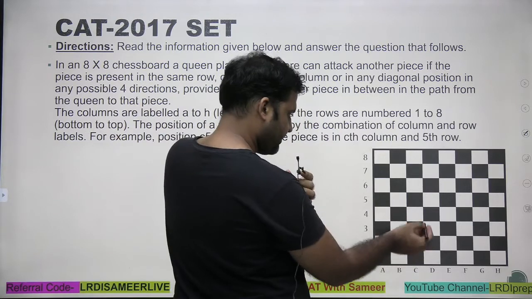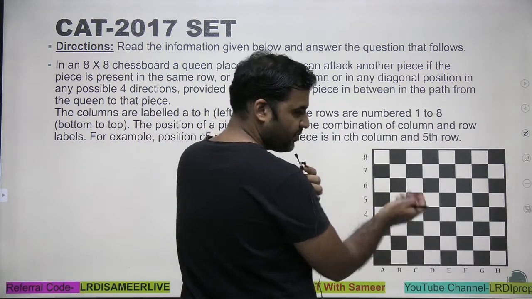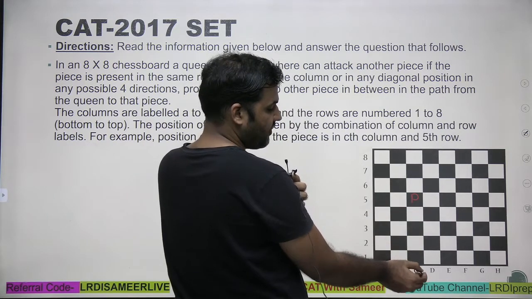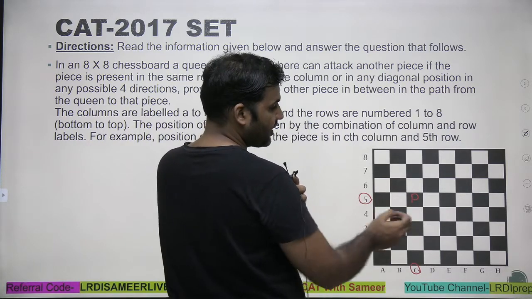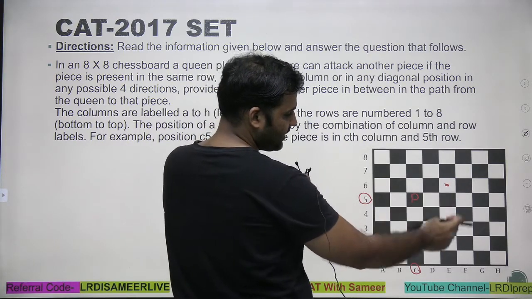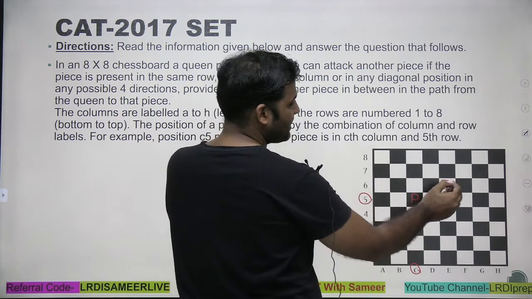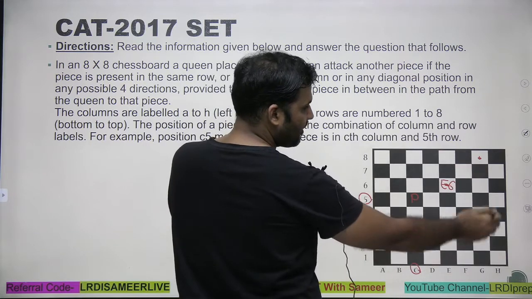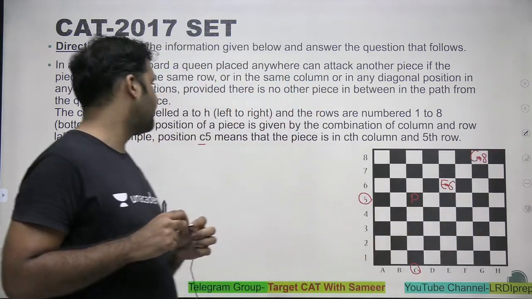So this position is first defined by the column and then by the row, that is C5. This position is column E and row 6, so this is E6. This is column G and row 8, so this will be G8.